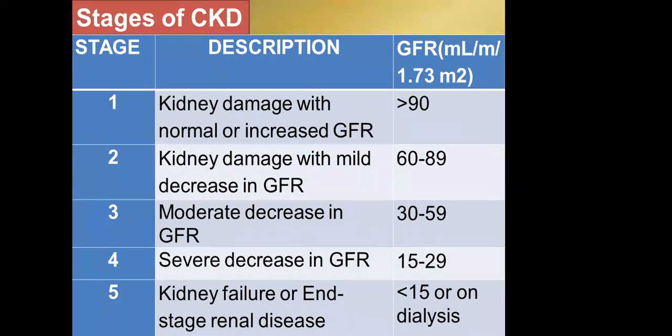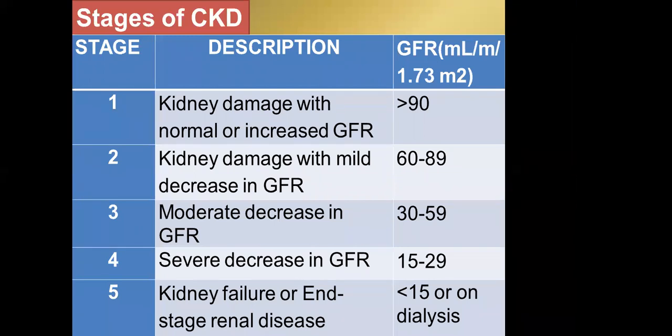Chronic kidney disease is staged depending on the degree of renal damage and reduction in renal function, or what we call the glomerular filtration rate, as in the RIFLE classification, if you remember, for acute kidney injury. Now, chronic kidney disease is classified into 5 stages.